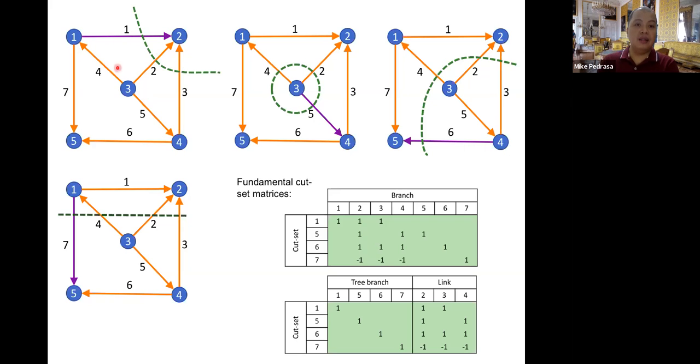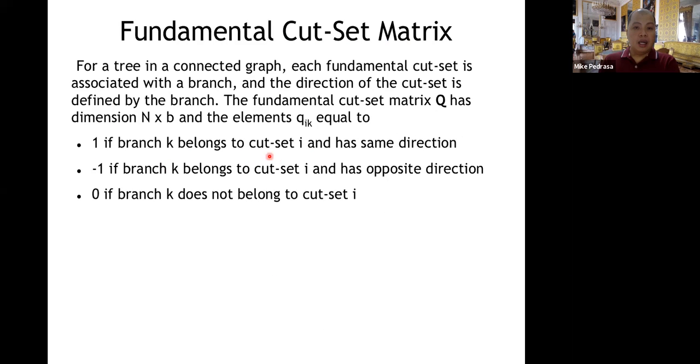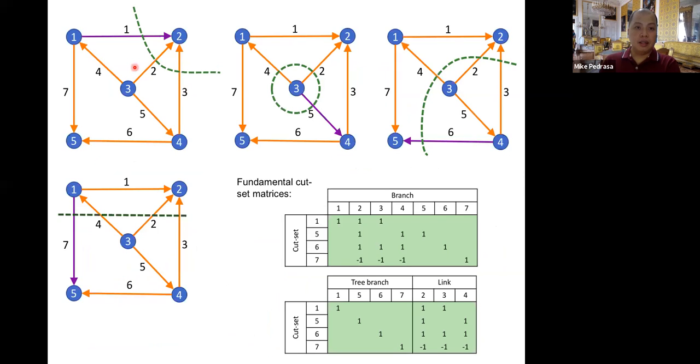Hence, they all get a positive 1. They get a positive 1 if the branch has the same direction as the cut set. In this case, the direction of the cut set is that way, from left to right.